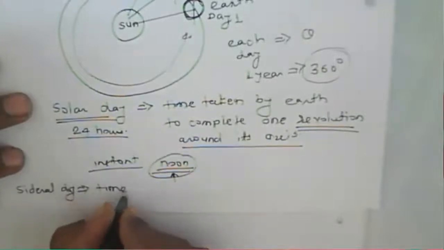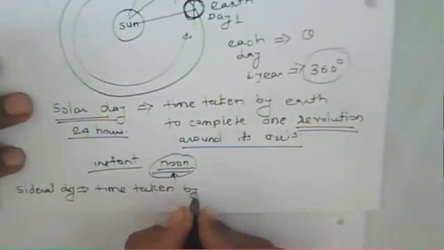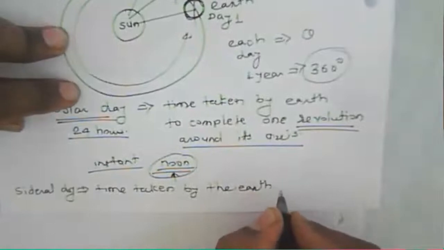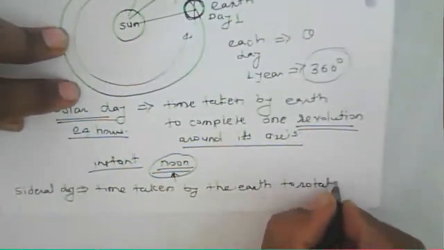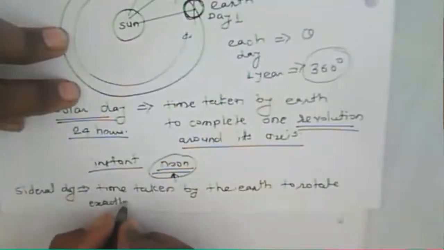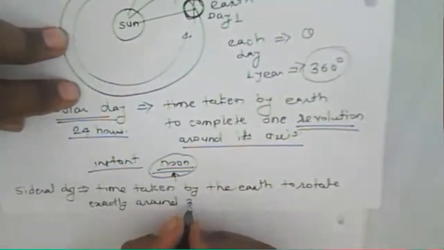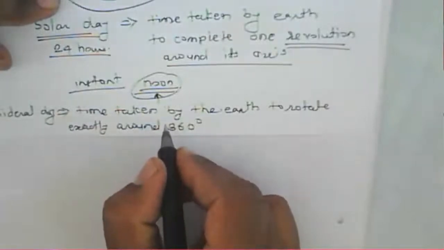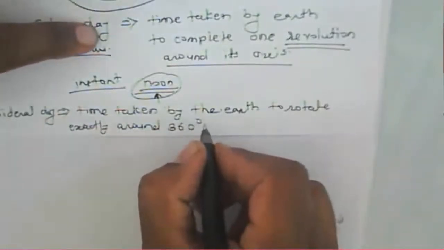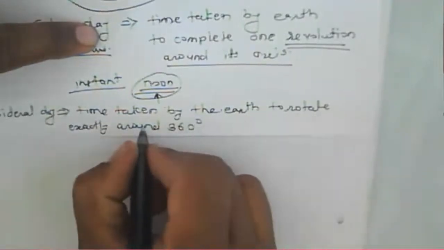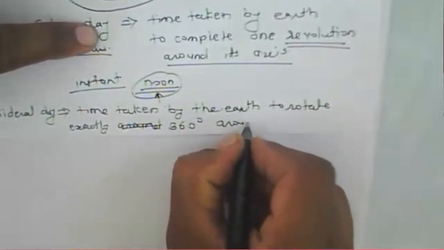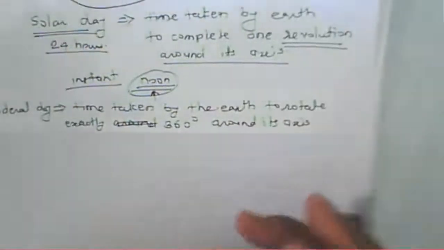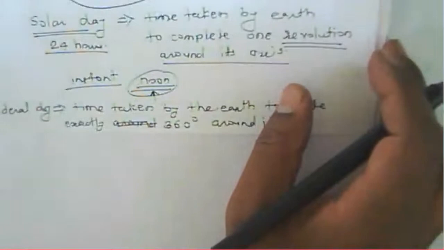Okay, we can say that a sidereal day is nothing but the time taken by the Earth to rotate exactly 360 degrees around its axis, and that is called a sidereal day.